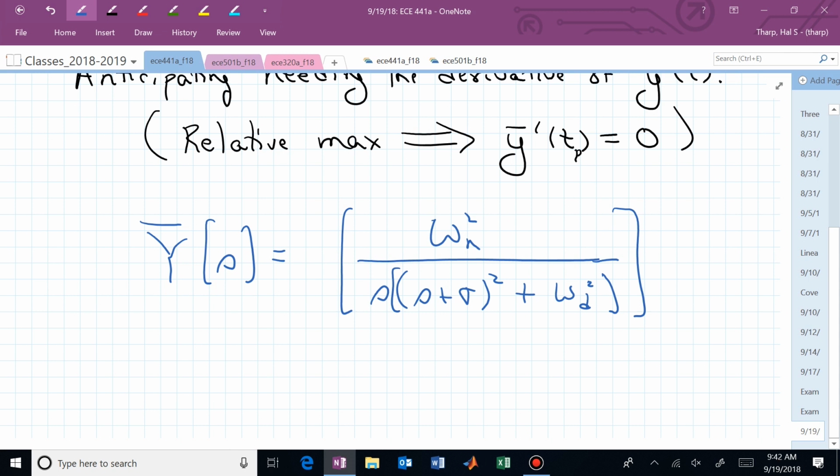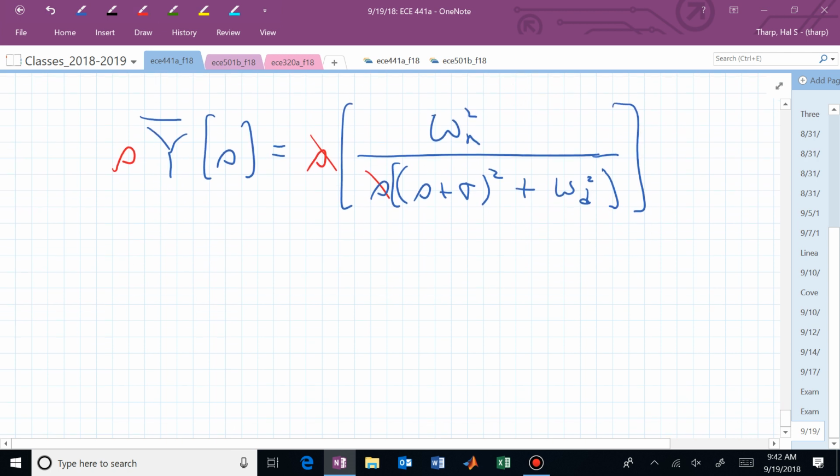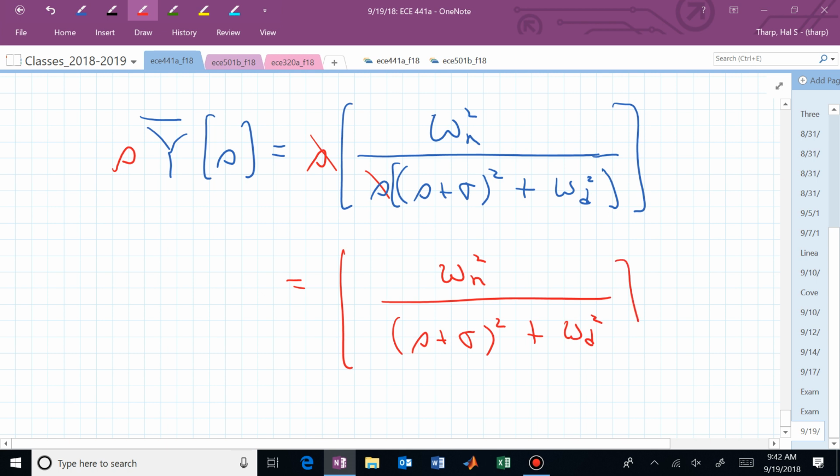What if we were interested in its derivative, of little y bar of t? How can we find that in the frequency domain? That's multiplication by s. So if we now say s and s, now this s cancels that s, and we now are looking at, on the right-hand side, omega sub n squared over s plus sigma squared plus omega sub d squared.